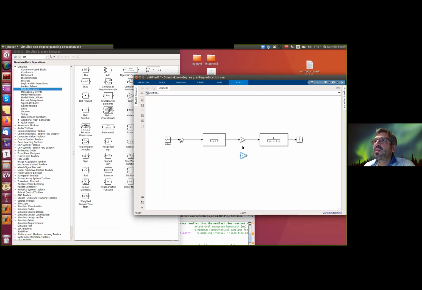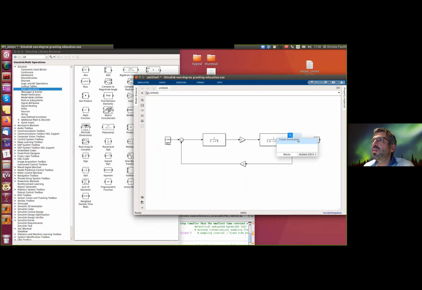If you right click on the block, it will copy it. If you press Control R, it will rotate. And this torque constant will be the same as a speed constant and should be multiplied by the motor speed.